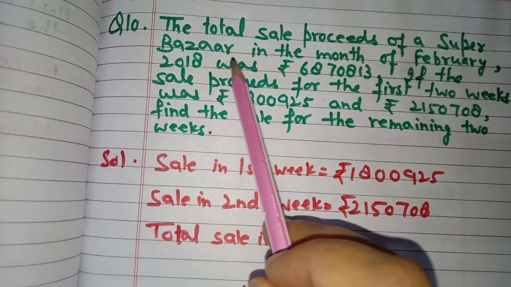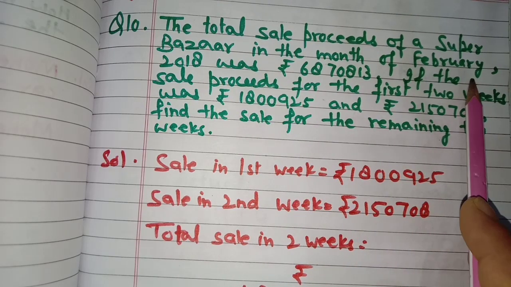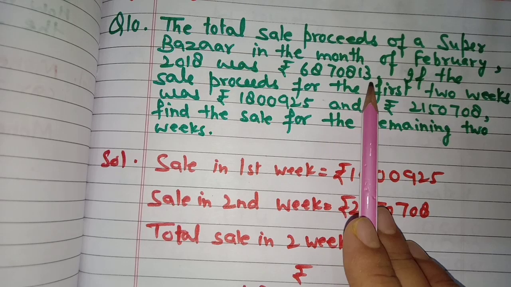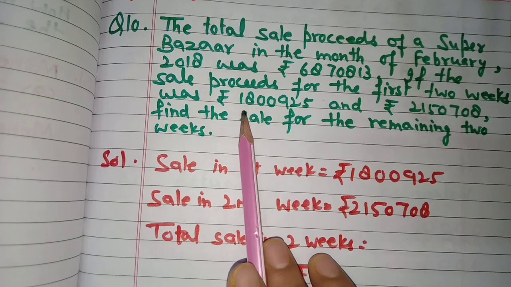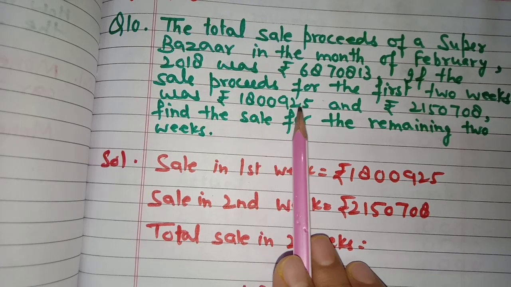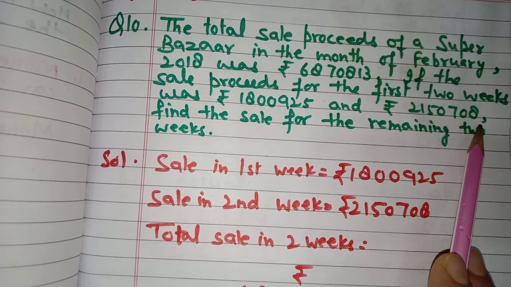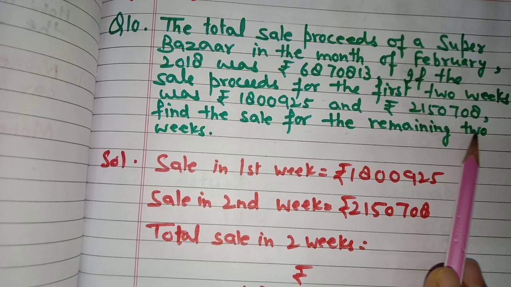Question number 10. The total sale proceeds of a Super Bazaar in the month of February 2018 was 68,70,813. If the sale proceeds for the first 2 weeks was rupees 18,925 and rupees 21,50,708, find the sale proceeds for the remaining 2 weeks.